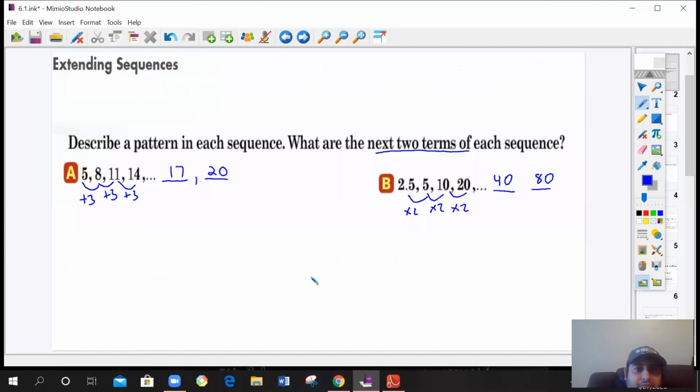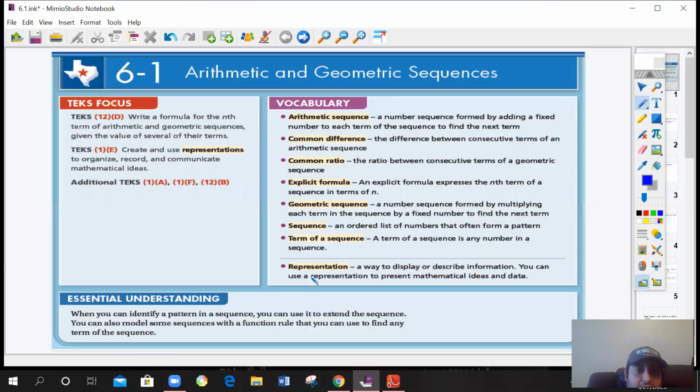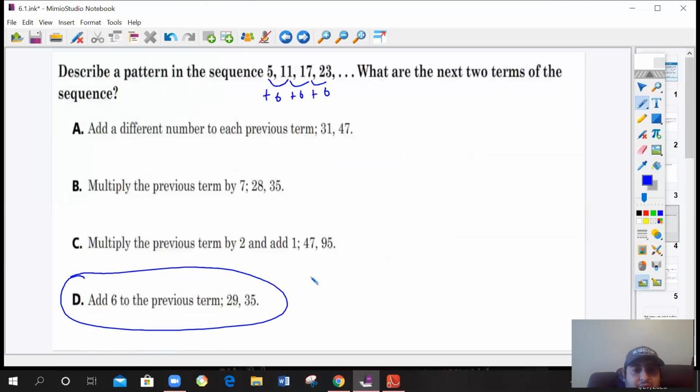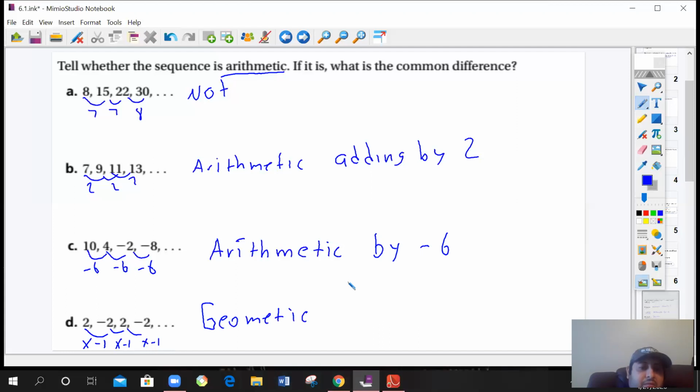Geometric by -1. So it's a multiplication. This is not arithmetic.